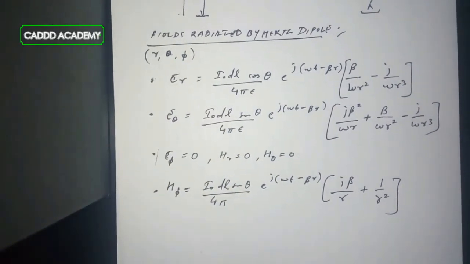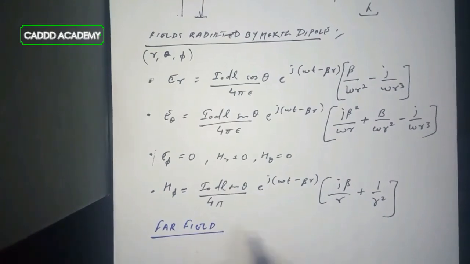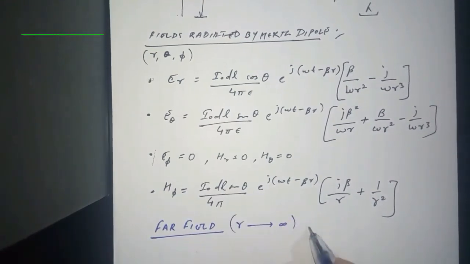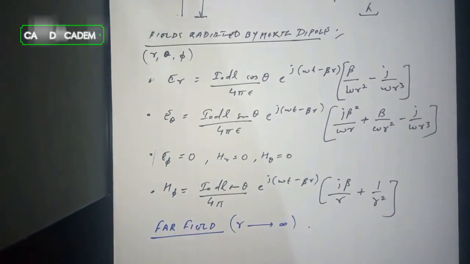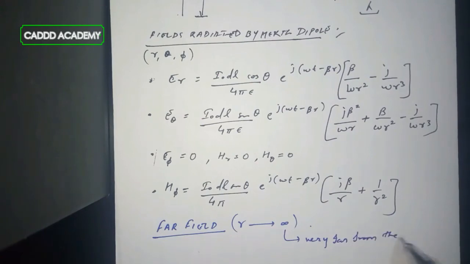So this is the general expression of the field. Let's discuss the far field. In the far field, r tends to infinity, which means very far from the antenna source.